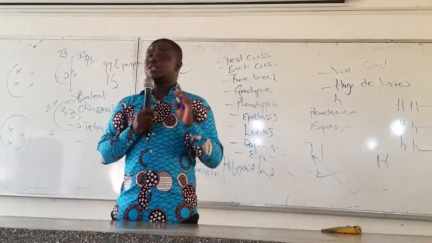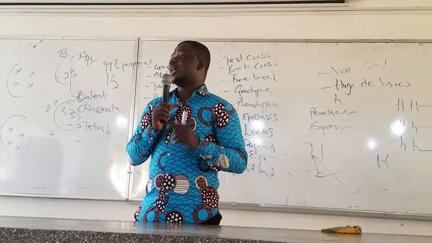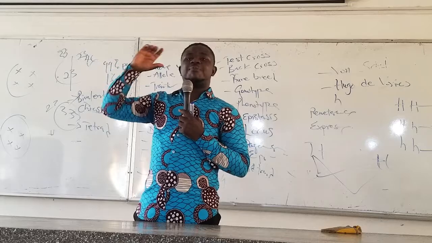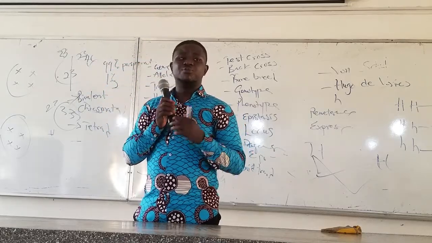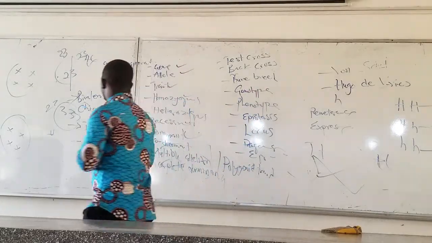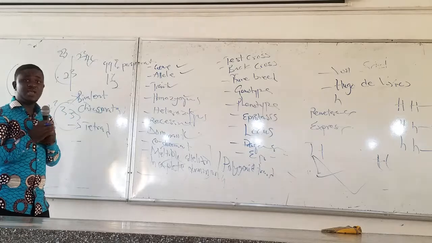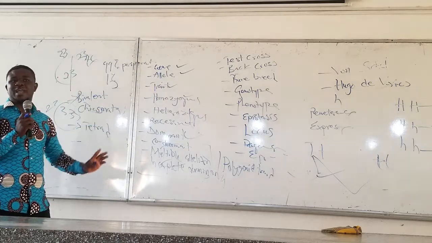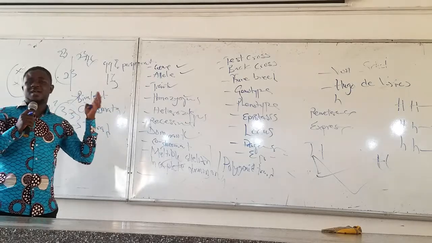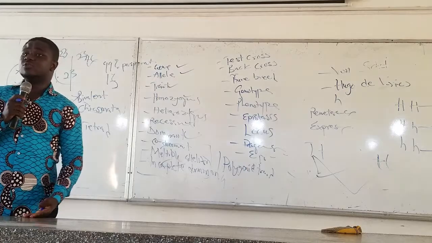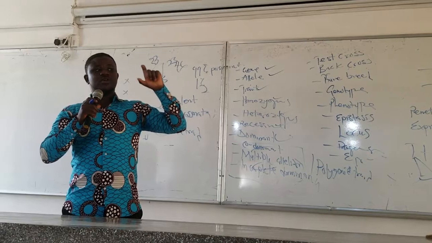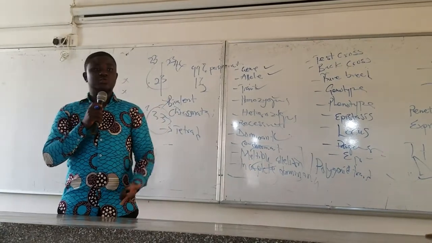Why? What happens in incomplete dominance? So let's assume in Mendel's experiment, we have a plant that produces white flowers and one that produces red flowers. With the law of dominance, if white is dominant over red, and white and red are mated, then the offspring should be what?